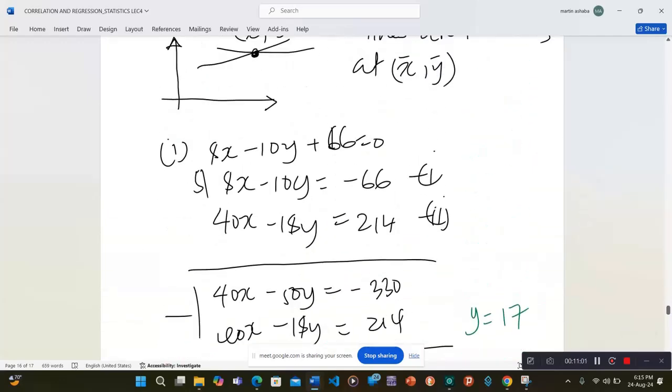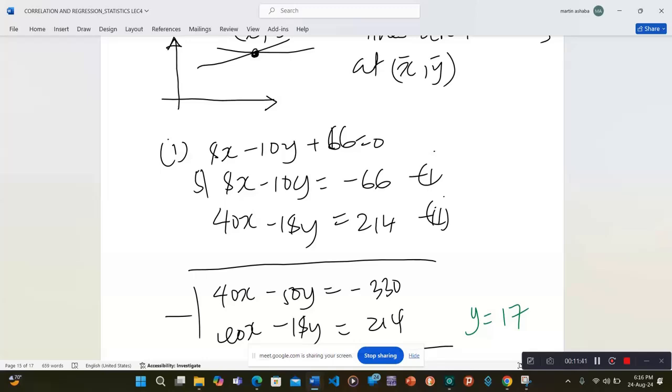Because remember, if I have this equation, 8x minus 10y plus 66 is equal to 0, I can express x in terms of y, or express y in terms of x. Now, if I express x in terms of y, the coefficient that I will get will be the slope for the graph of x in terms of y.